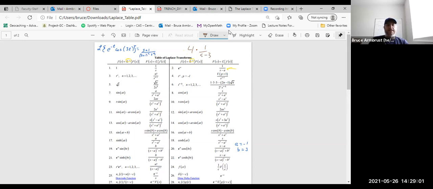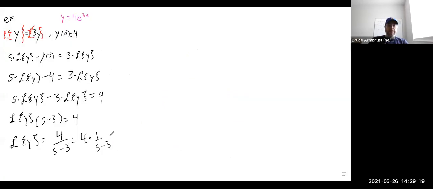The 4 is just a constant multiple, so it stays. We need the form 1 over s minus 3. Well, that's that guy again, which suggests e to the 3t. So this tells me that y equals 4 times e to the 3t. Ta-da!